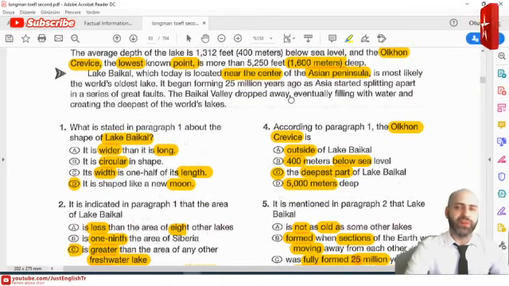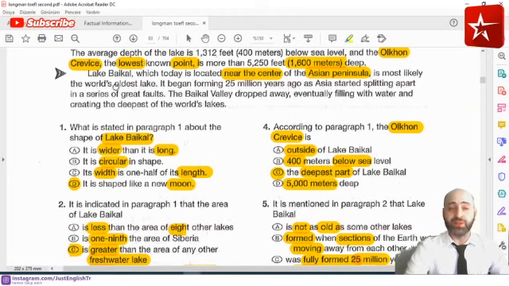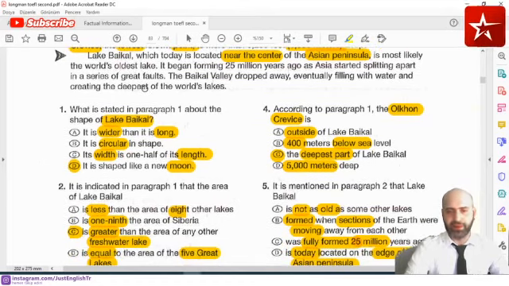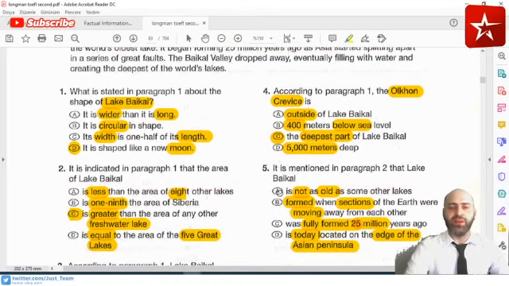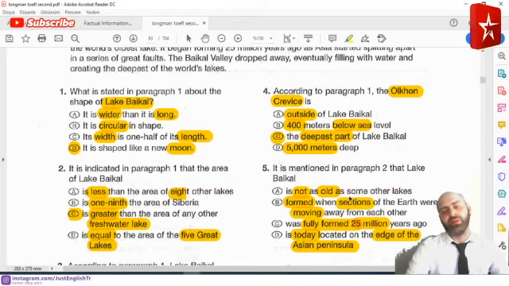So I continue reading. "Is most likely the world's oldest lake." Okay, so probably it is the world's oldest lake. And I see here A says "is not as old as some other lakes." So do you think A is correct?